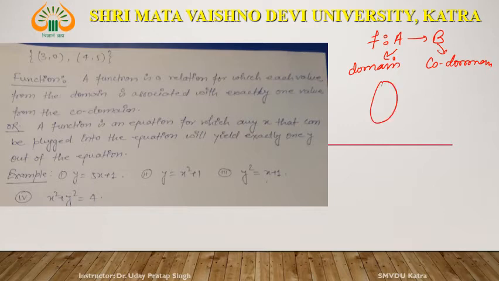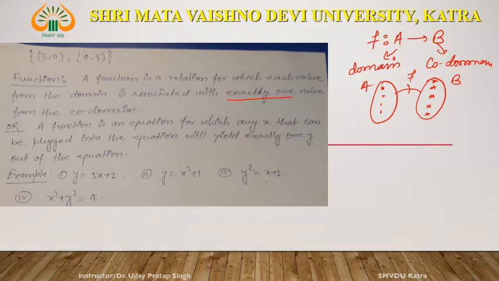In a function, if each and every element of A is uniquely associated with an element of B, then this f is known as a function. That is, what is the definition of a function? A function is a relation for which each value from the domain, that is A, is associated with exactly one value from the codomain.